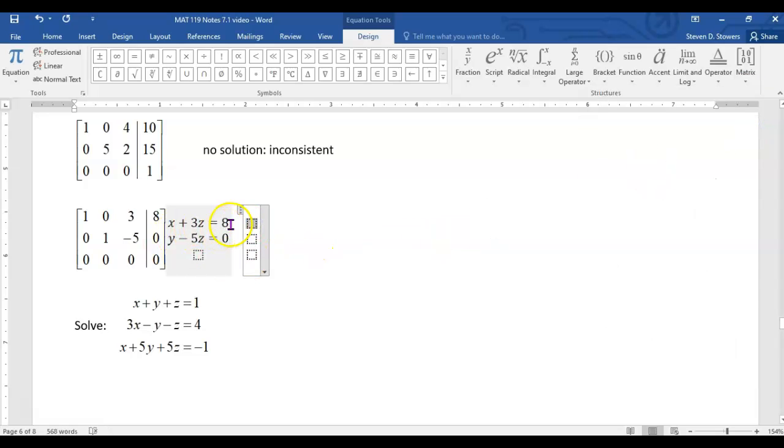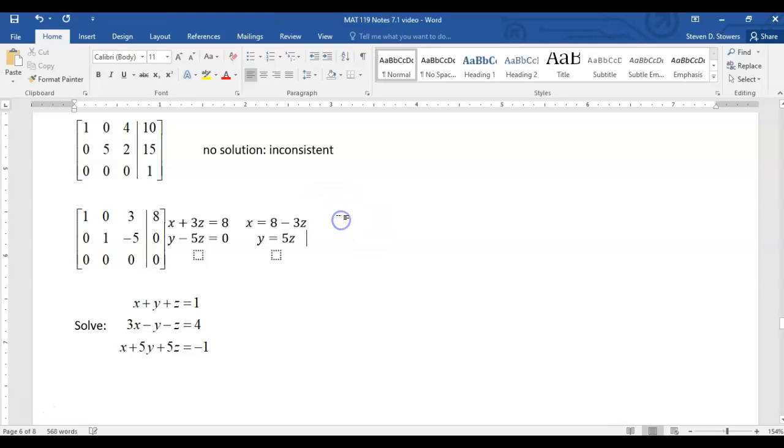So when I subtract 3z on both sides, that top equation becomes x equals 8 minus 3z. And the second equation, I'm going to add 5z to both sides, and it becomes y equals 5z. So notice how x and y both depend on z. The z can be anything, but then the x and the y that go along with it have to be what it says here.